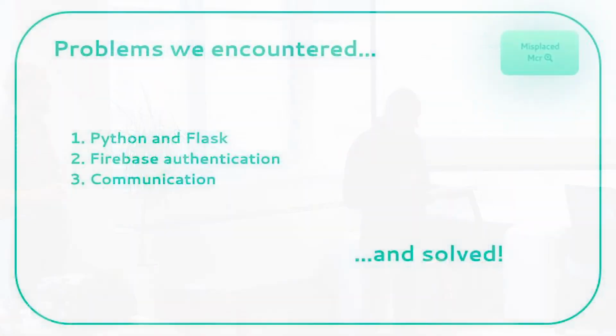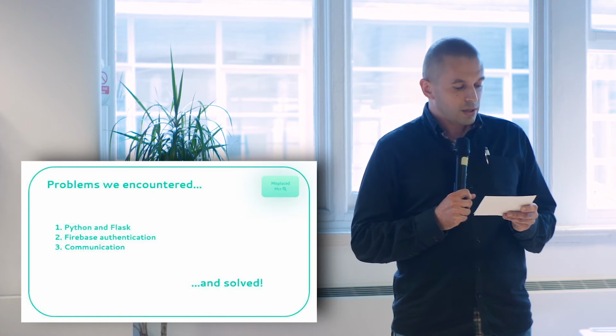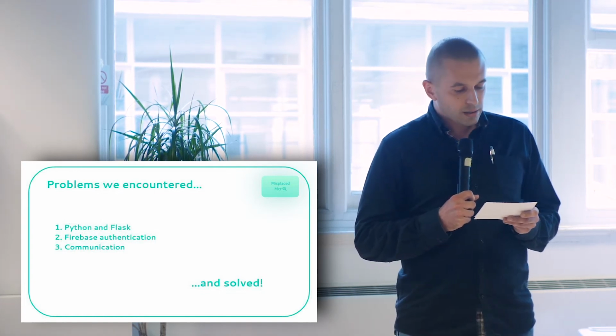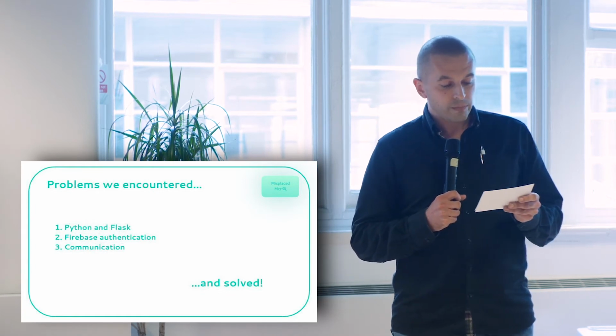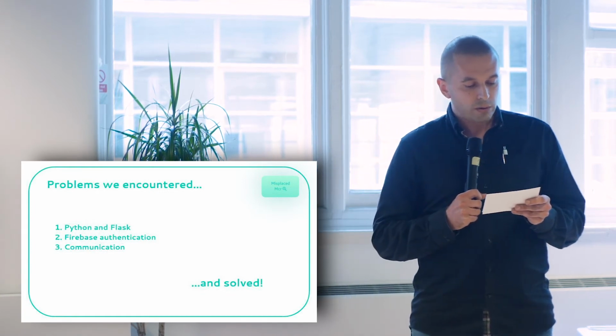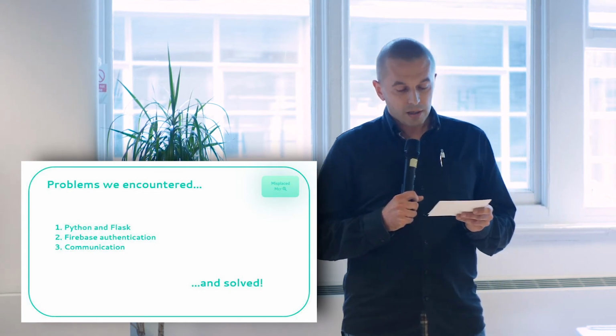Right. Yeah, so we have some issues, but I will list a few. Python and Flask. Because this tech stack is brand new to us, going through the docs was sometimes hard. We ran into an issue that one of the packages which sees the database would only work on Macs. So our solution to that was three people with Macs working on the backend Python, while the rest of the team focused on the front end till the backend was done.